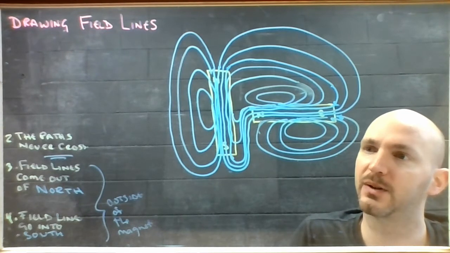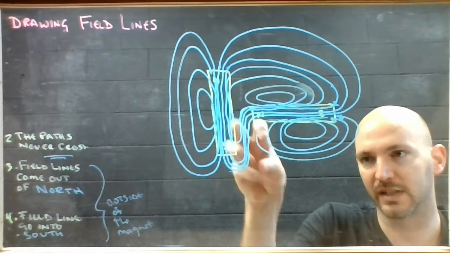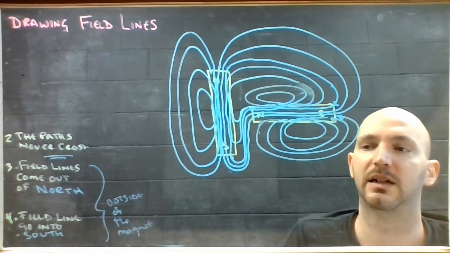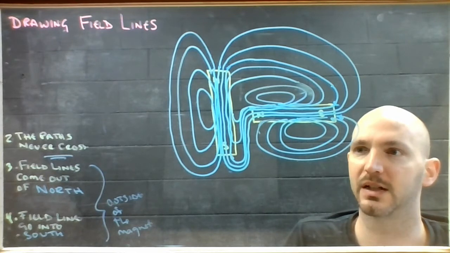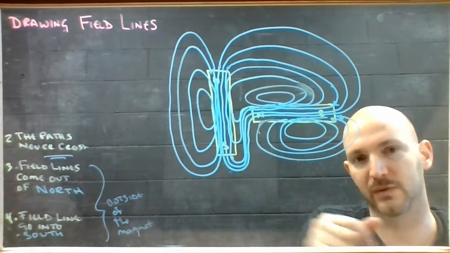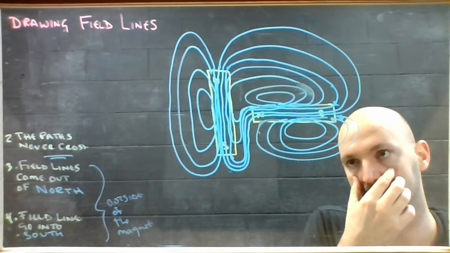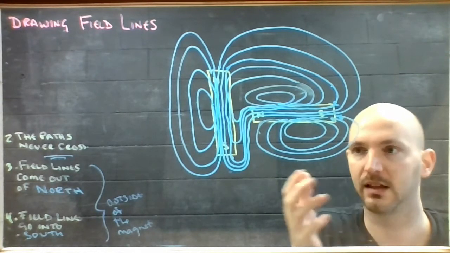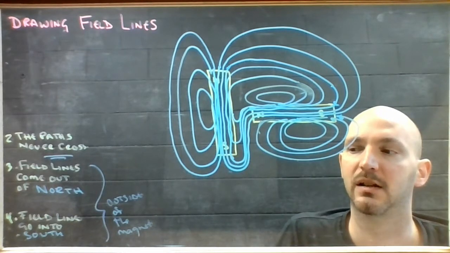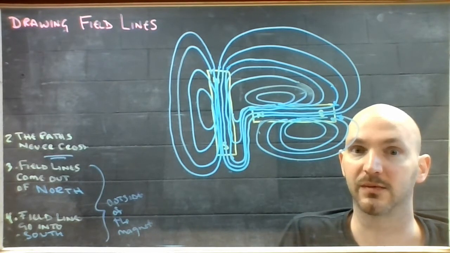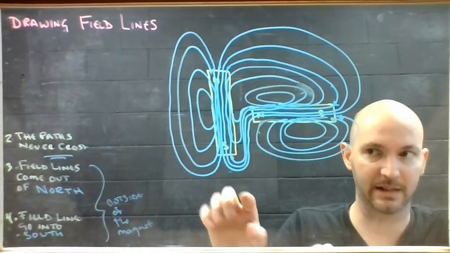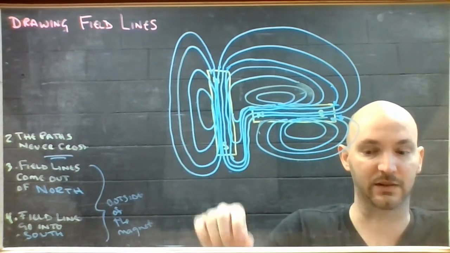So if I were to think about this, these fields here, they don't like to be like that. If I try and think of an orientation that would be a little bit tidier, these wouldn't be so dense if I didn't have these two things close to each other. Alternatively, I could get them inside of a magnet if I were to click the two ends together.